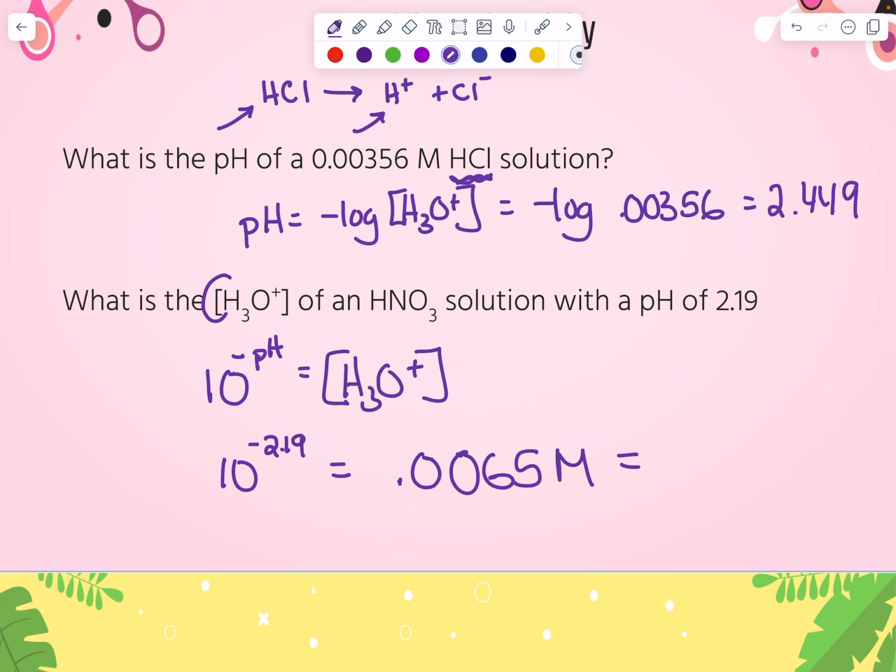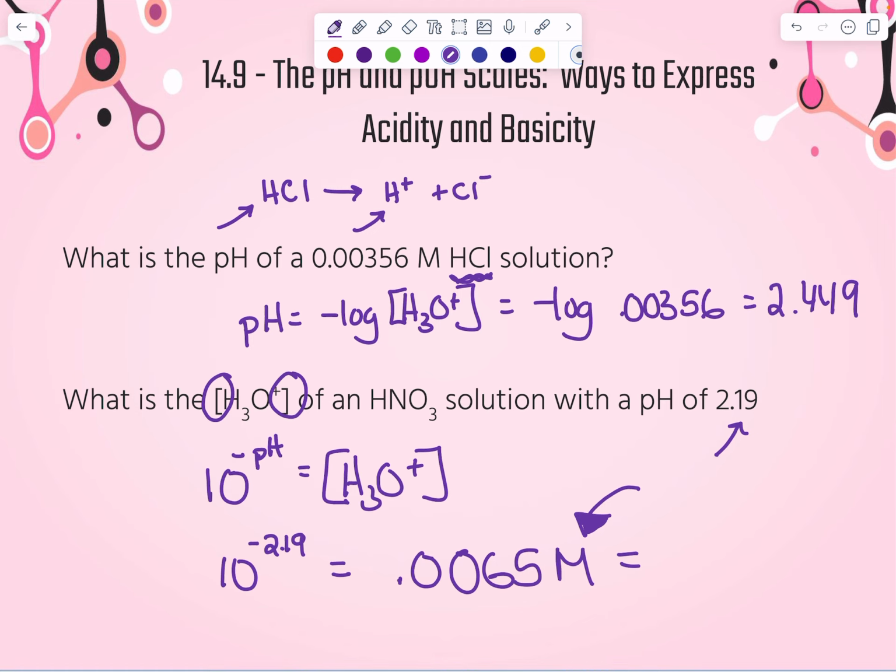Oh, by the way, brackets around something means concentration in terms of molarity. The concentration of H plus, or H3O plus, is 0.0065. And yeah, we do have to add the unit of molarity on. pH has no unit. So it's not that this has a pH of 2.19 pHs. It is unitless, so it doesn't have a unit.